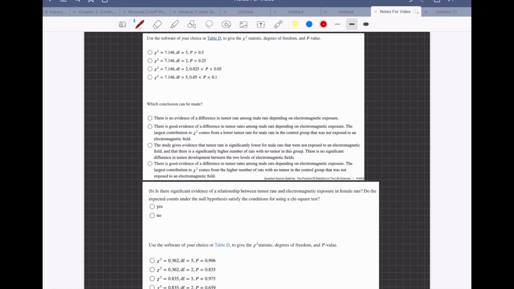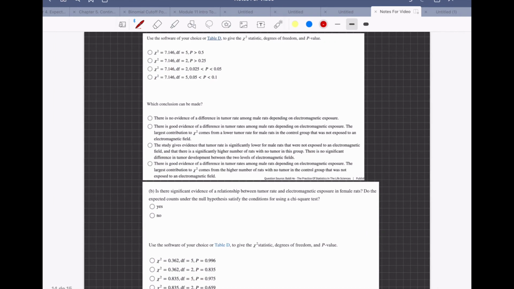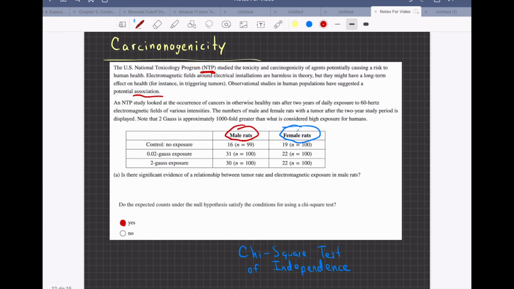So in this case, the degrees of freedom here are, notice, when we are performing this chi-square test of independence, the degrees of freedom are computed in a different way than in the case of the goodness of fit.